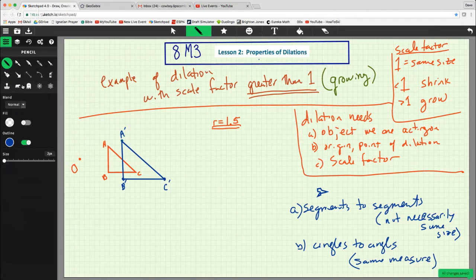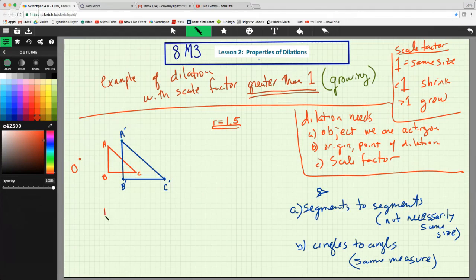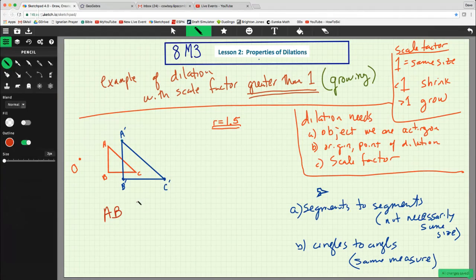Okay, so let's look at our two cases here. We have AB, so let's just draw this in. We have AB here and an A prime, B prime here, so those map.